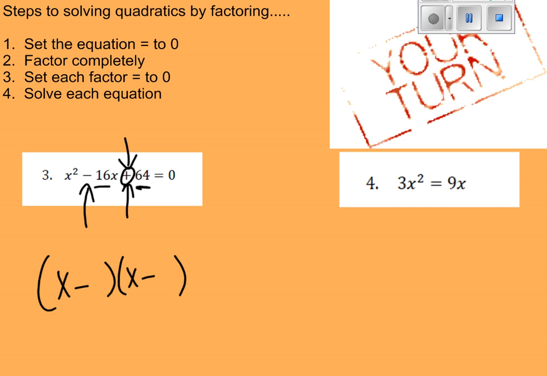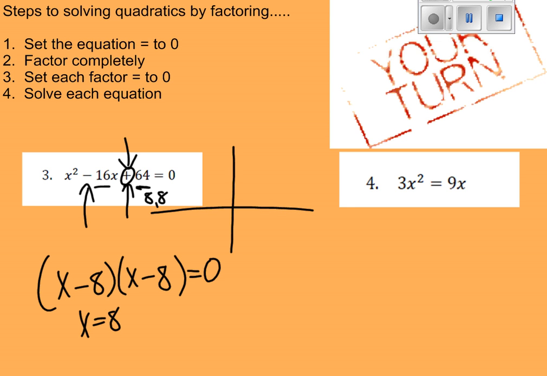Well, that's really easy, 8 and 8. So I have x minus 8 and x minus 8 equal to 0. So x is going to equal 8. What that means in the context of a graph is real simple. All that means is out here at 8, the graph comes down, touches, and takes off again. It only touches once. That's what happens if the answer shows up twice.